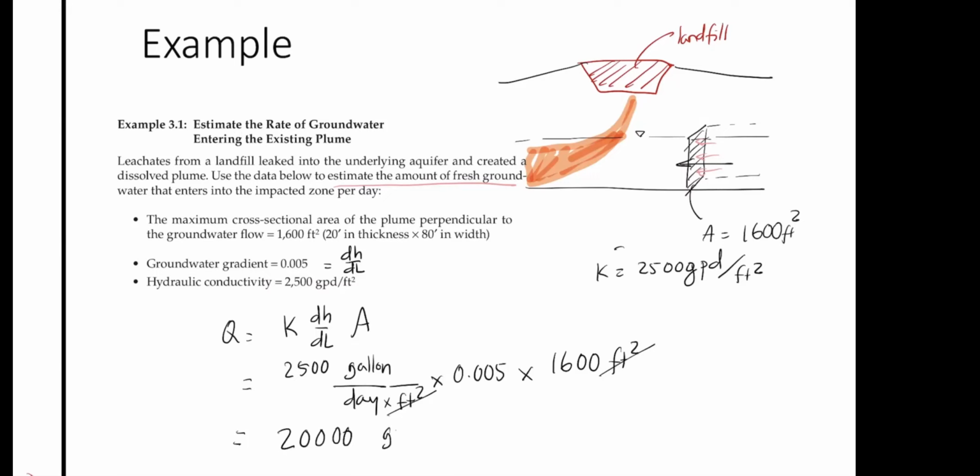This is a very straightforward question, but let's see where you might use it. If you are working on a polluted site and you want to know how much water is going to dilute it, this is the way you can calculate. So this is applicable for those kinds of problems in your project.